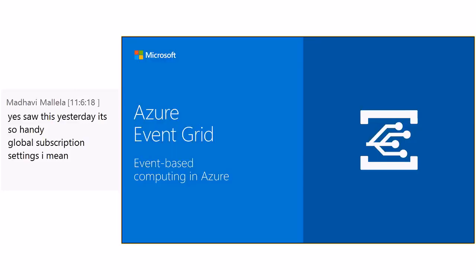Azure Event Grid recently, around January time, went to GA, and it's an event-based computing platform in Azure. Where exactly and in what scenario it fits in, we'll get into in a little bit more detail.